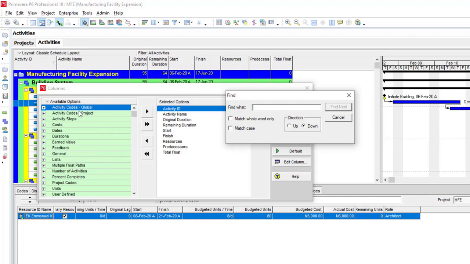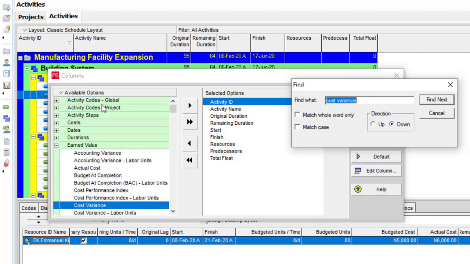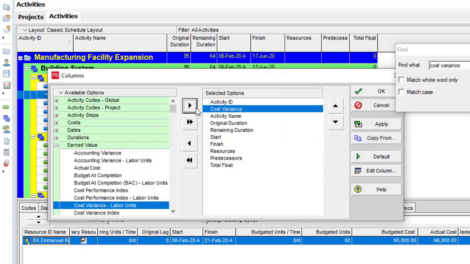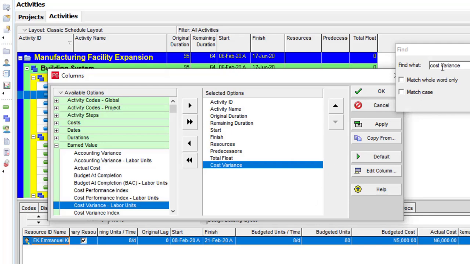So we're going to be displaying the cost variance. So let's type in cost variance. Of course, I'm assuming that by now you already know how to display columns, and that's exactly why I'm going straight into this. So let's add the cost variance. Let's bring it down to after our total float, and then also our schedule variance.